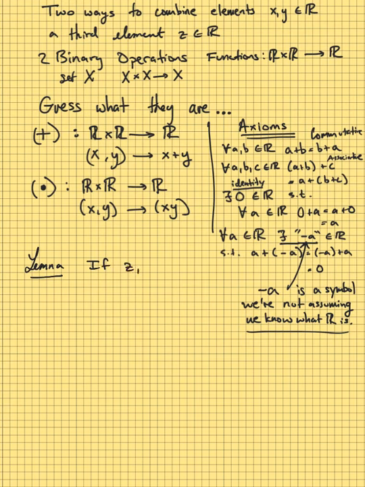So if z and a are in R, and z plus a, oops, sorry, that's not right, and z plus a is equal to a, then z is 0. Okay?